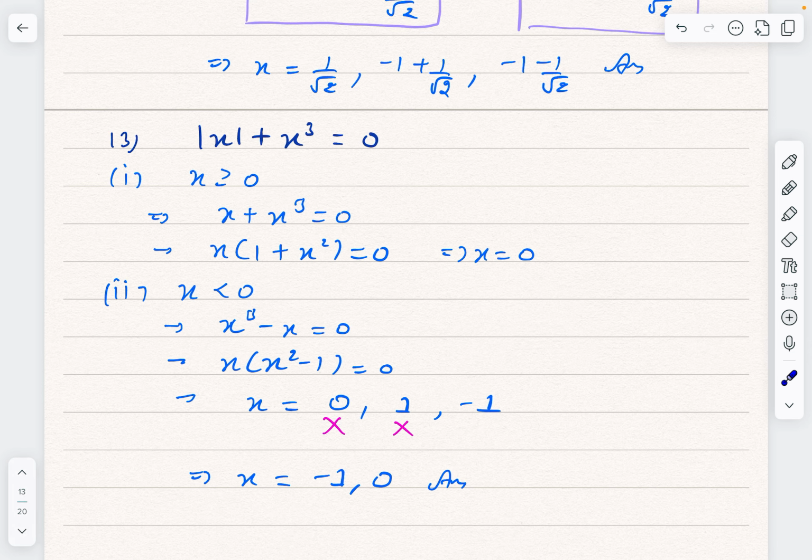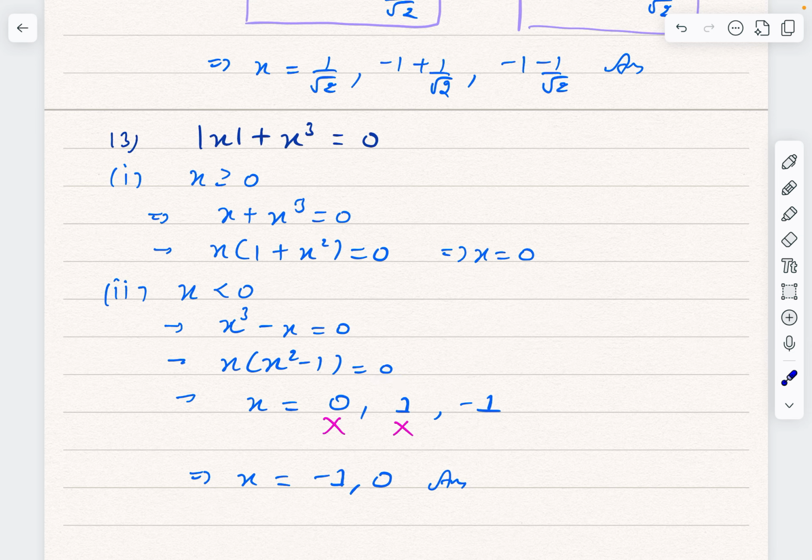The answer for 13th is just minus 1 and 0. Same thing here, x greater than or equal to 0, you get x plus x cube equal to 0. Take x common, (1 plus x square) into x equal to 0, so x equal to 0 is the only solution. When x less than 0, the mod opens with negative sign, you get x cube minus x equal to 0, so x common, (x square minus 1) into x equal to 0.